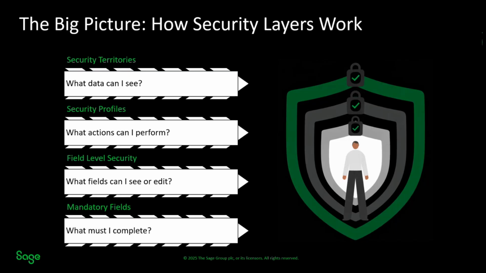And we can fine tune the idea of the profile so that you can have different insert, edit, and delete rights in addition to viewing within that security territory. So security territories determine which rows that you have access to. The security profile determines the actions that you can take on those rows within the particular entities.